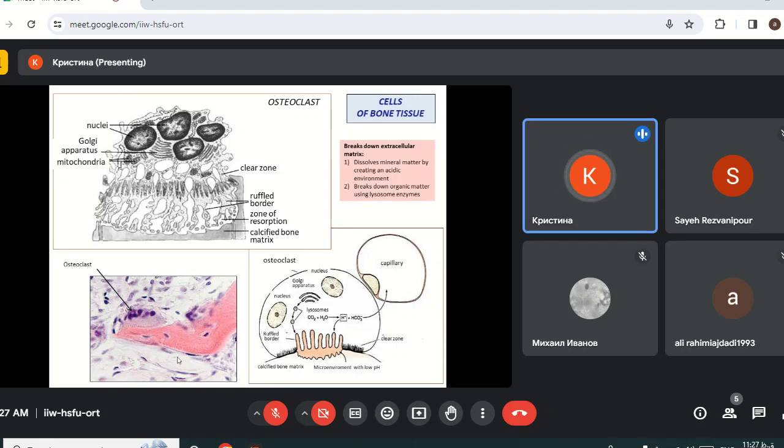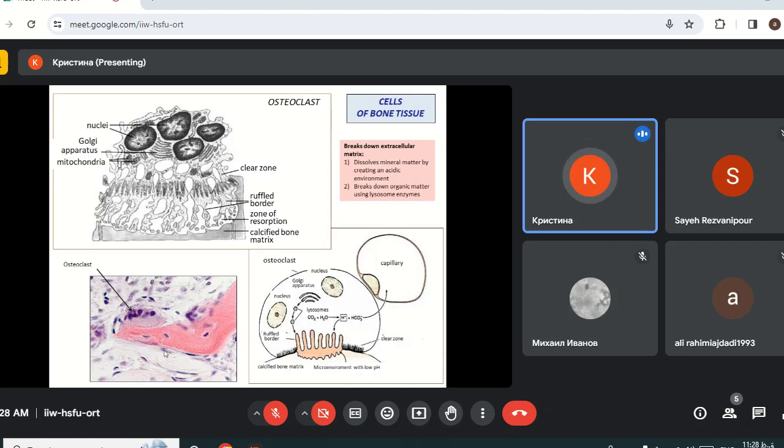So brackets do not change the shape of teeth, but they help to change the shape of the alveolar bones inside which the teeth are located. So the brackets push in some directions to the alveolar bone, and it becomes rebuilt. It is broken down from one end and is built from the other end, and thus it changes its shape.